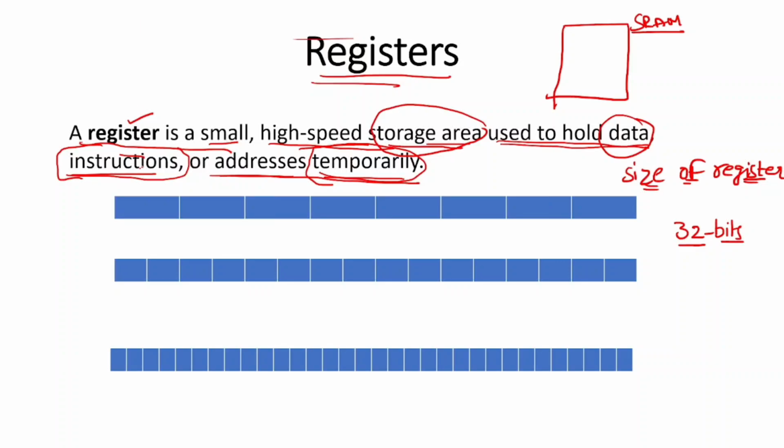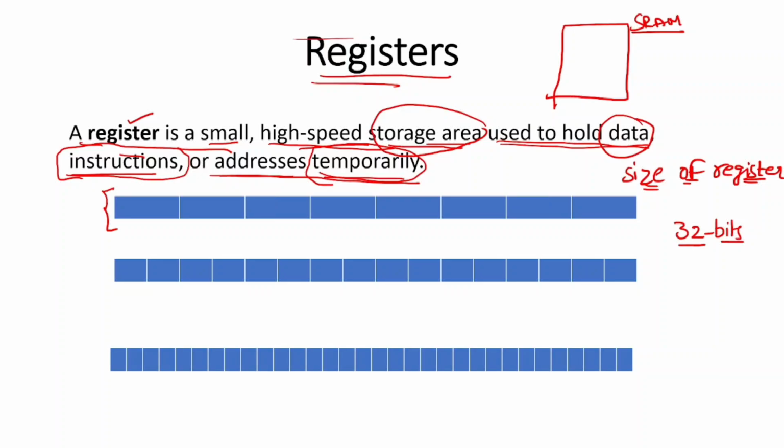Suppose their processor can read and write only 8 bits, then they will design their registers as 8-bit registers. Because if your processor speed is different from the register size, then it is difficult to read and write. Sometimes the register size will get wasted. Sometimes it's not sufficient to read the entire data from the registers.